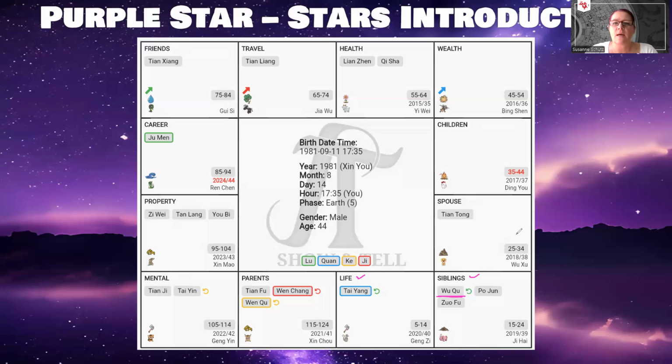Now, if you have Wu Qu in the spouse palace, again, the recommendation is to marry a little bit later in life, so past the age of 40 rather than early in life.